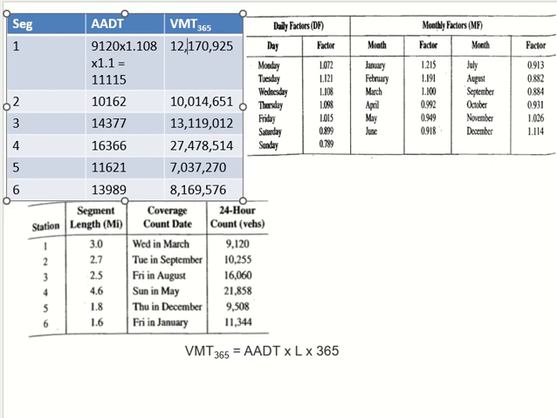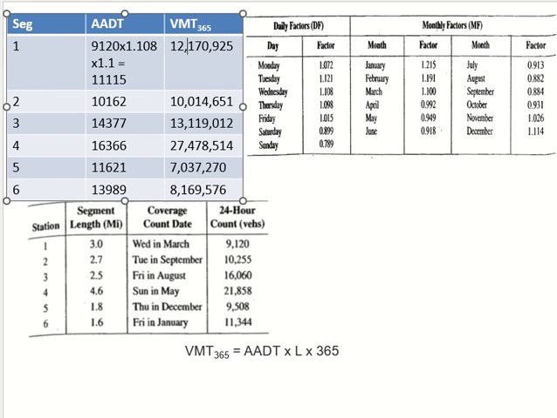What does it indicate? VMT tells you about the importance of the segment. The segment with the highest VMT is more important for the travelers. Segment 4 is the most important among these, and the reason could be more distance or more demand or both. In the case of segment 4, it is both.